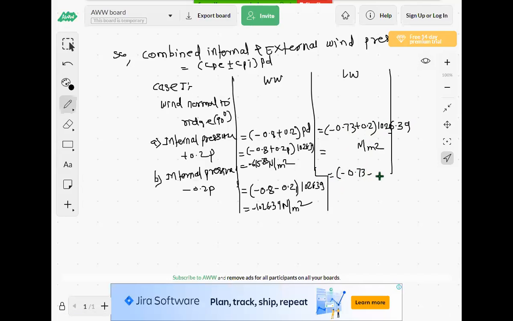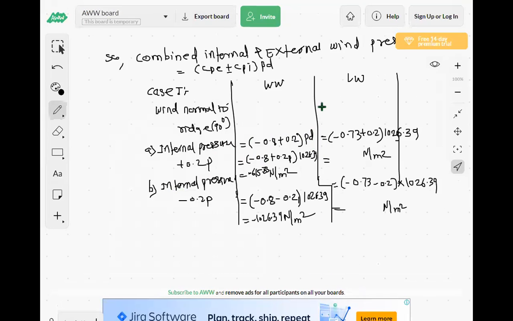Minus 0.73 minus 0.2 into PD. PD we have calculated, Newton per meter square. So tell me these two answers again. So these are the coefficients we are multiplying to the actual wind pressure. Actual wind pressure is the PD. We have calculated minus 543.98.